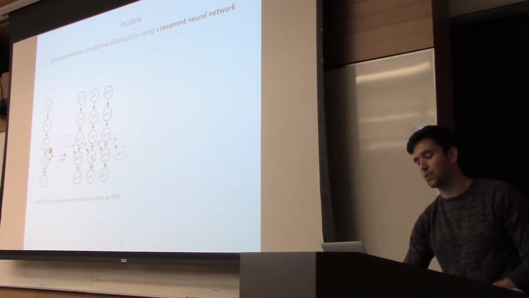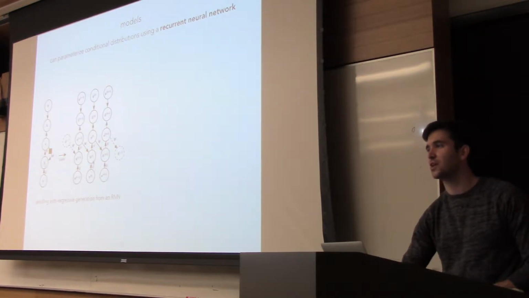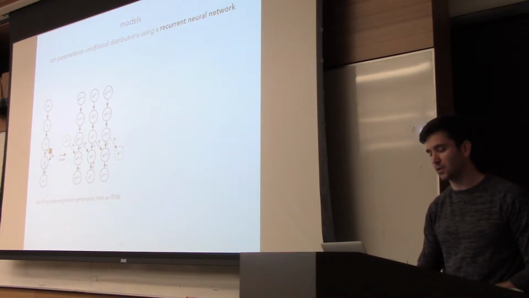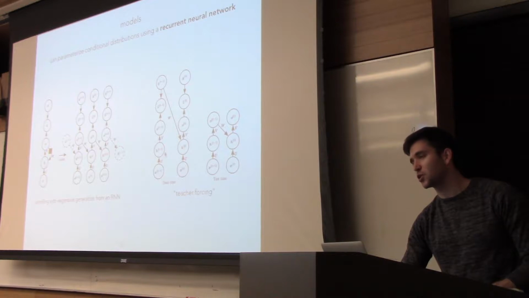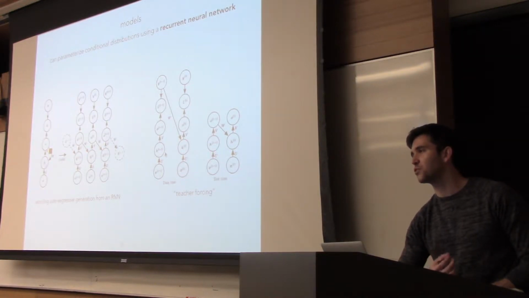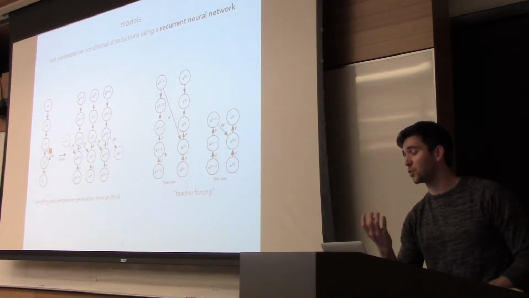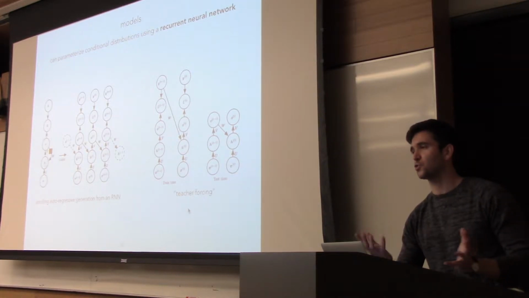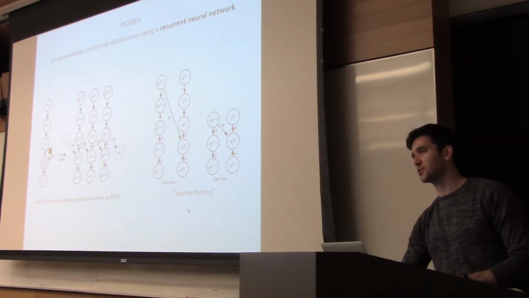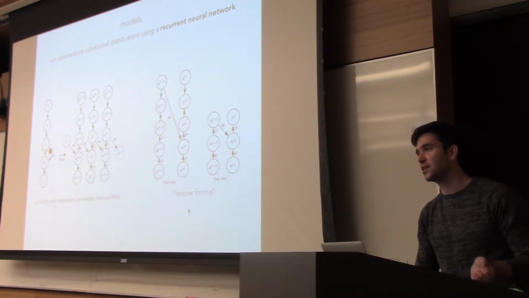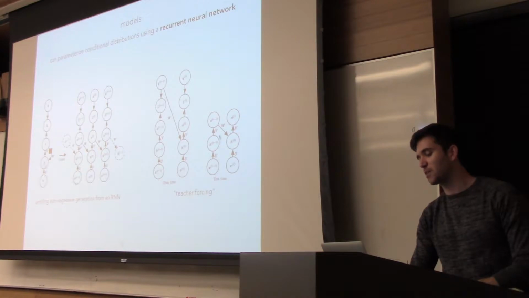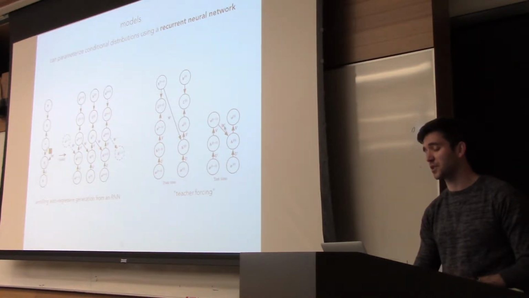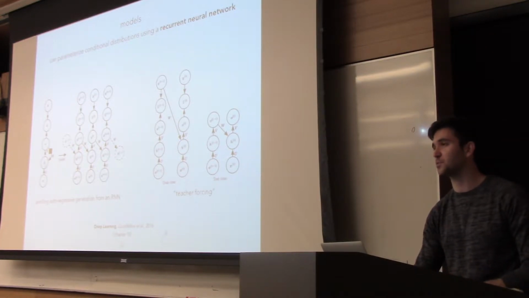So we're perhaps maintaining some state in our hidden state here, and we're feeding the outputs back into the model at each time step. And you can also think of, well, maybe we don't actually want to feed the output itself, maybe we want to feed the true label that we wanted, and so that's just called teacher forcing. It's a common method of training these models where you actually feed the correct output and not what you generated. But at test time, you would be feeding in exactly what you generated. And if you want to learn more about this, the deep learning textbook has a nice chapter on it.